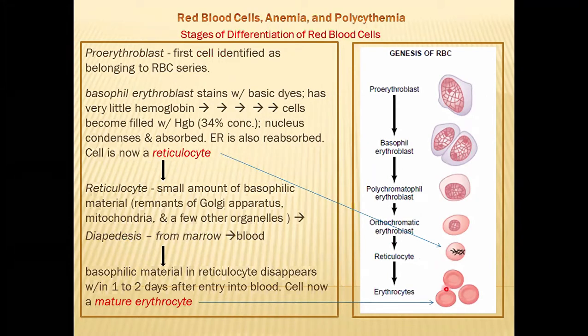So this is a mature erythrocyte. If you look at the erythrocyte, it is non-nucleated, okay? So the basophilic material in the reticulocyte disappears, and in 1 to 2 days upon entry into the blood, this reticulocyte now becomes a mature erythrocyte.